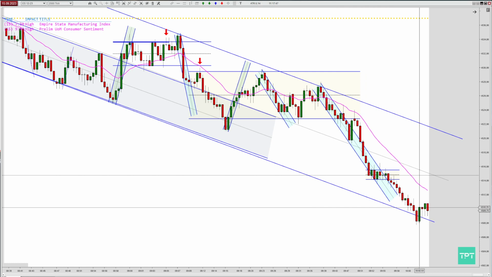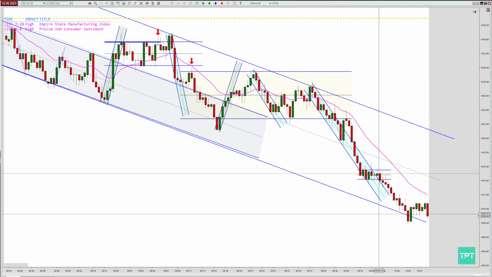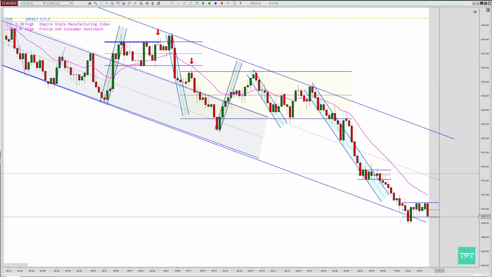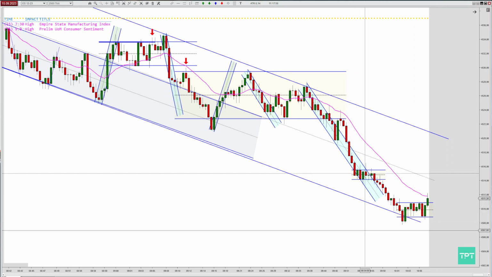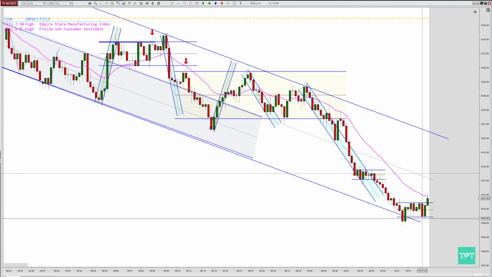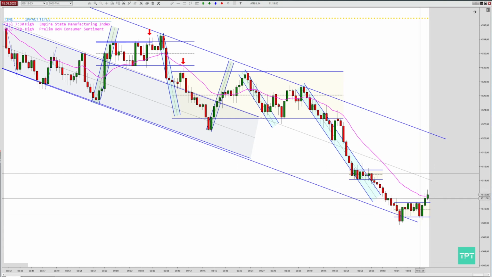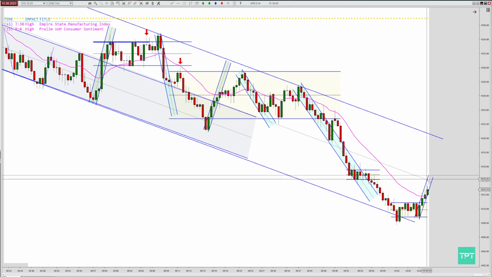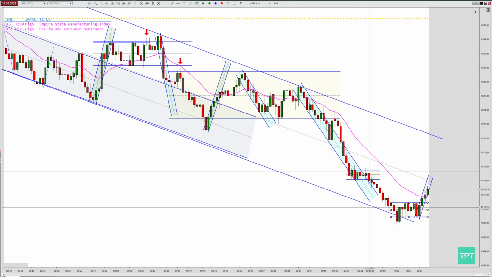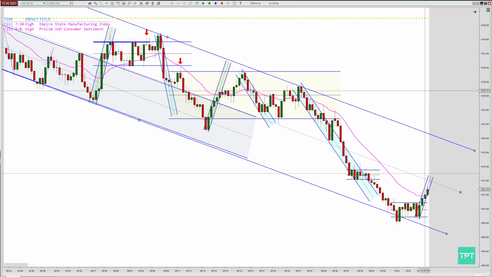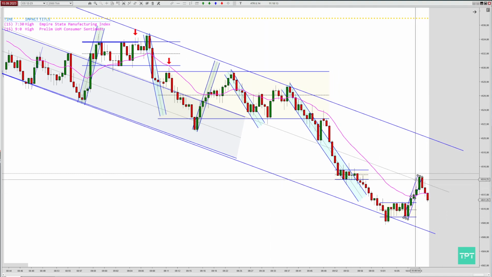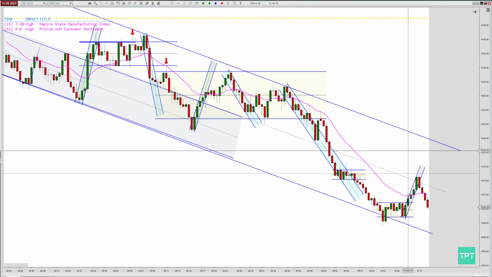Going sideways here a bit, even more sideways, so maybe there is some little range, and we're making a higher low here, pushing higher. So maybe there is a shorter term channel, something like this. We'll extend this channel here a bit, getting a first break of the shorter term channel.